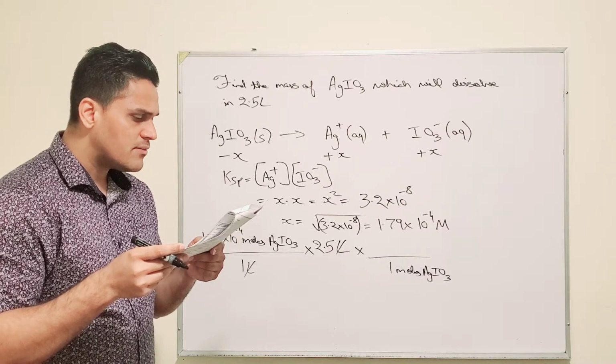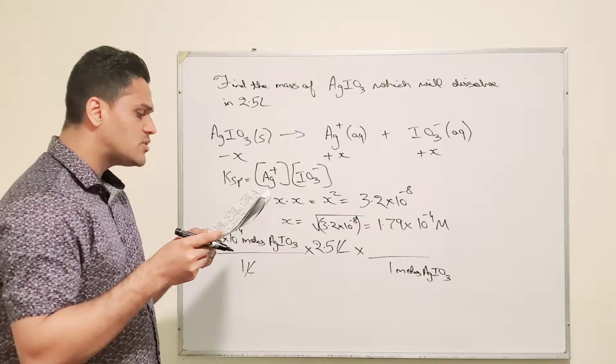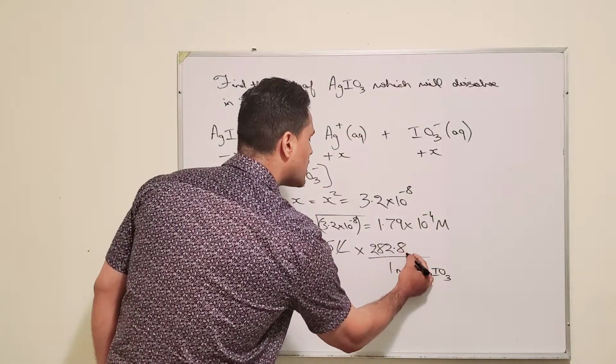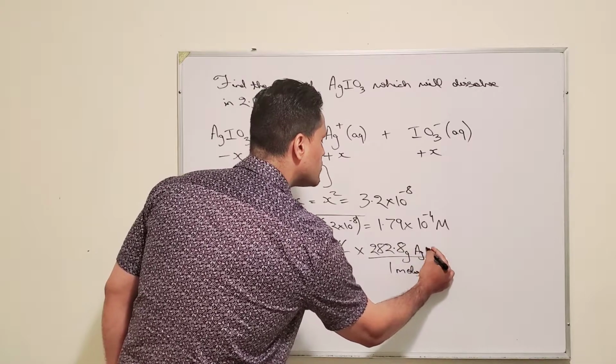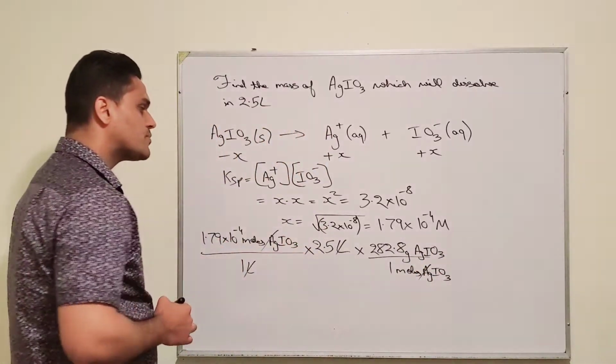Now, when I punch it in at my end, I get 282.8 grams of AgIO3. Now your moles are going to cancel with moles.